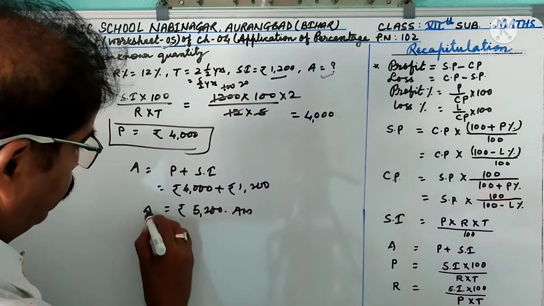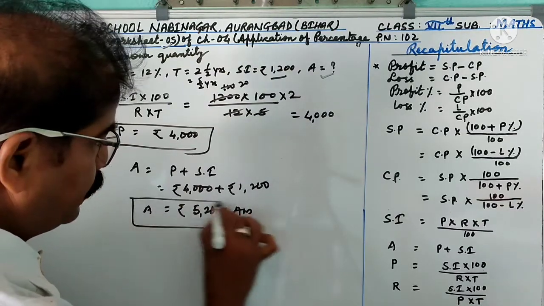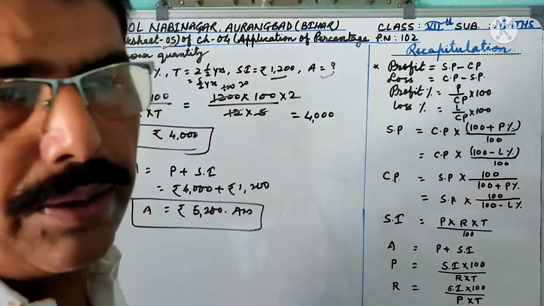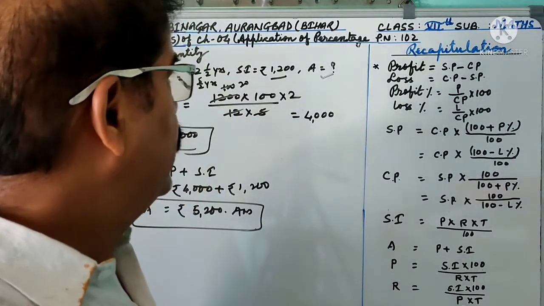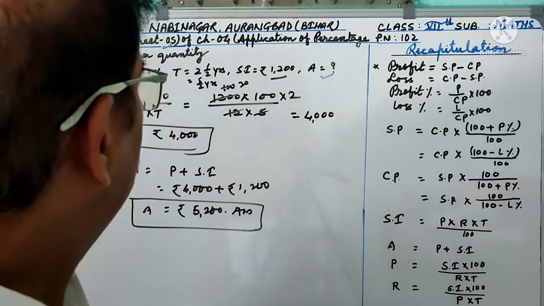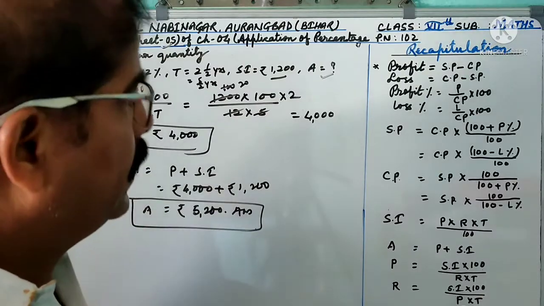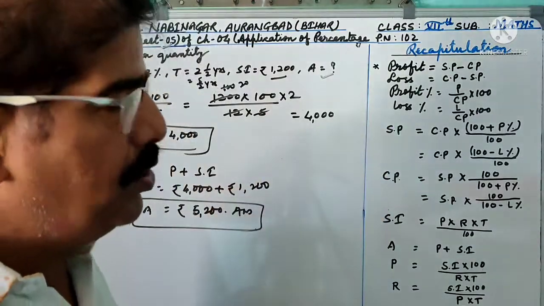So P equals 4000 and amount equals 5200. Dear students, solve the other parts of question number 1 in the same way using the given formulas.